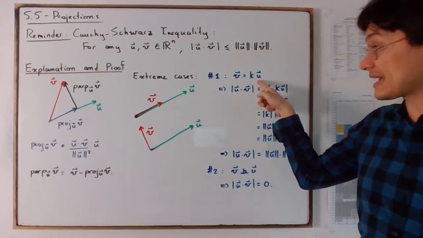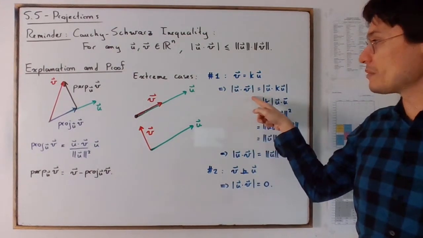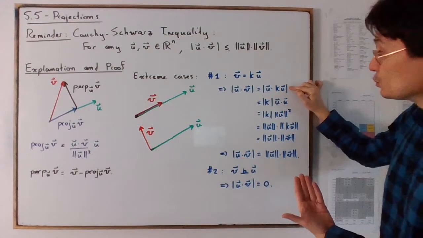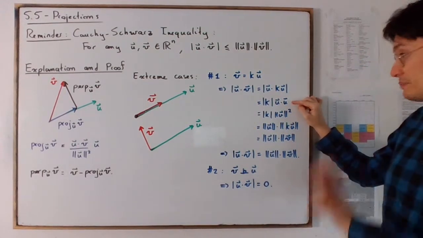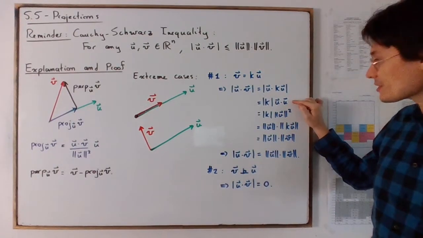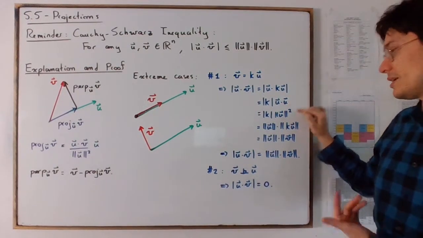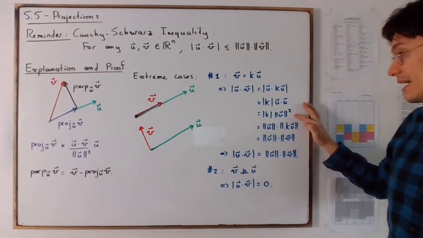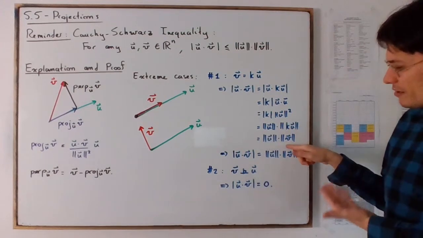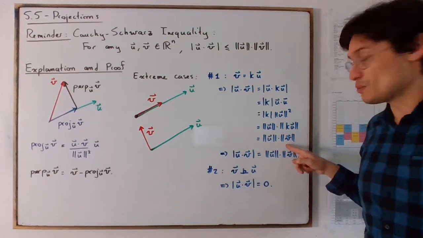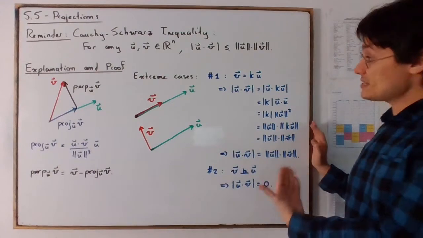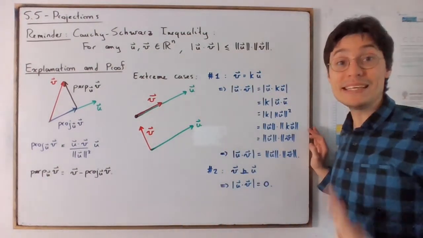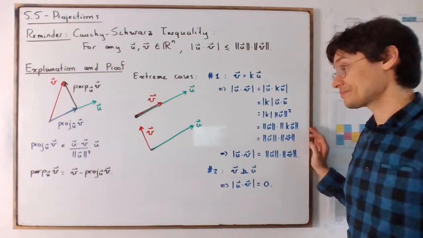If v is a scalar multiple of u, say v equals k u, then in the absolute value of u dot v you can pull the k out. The dot product of u with u is the norm of u squared, and then you can move the k inside one of them, and it turns out to be the norm of v. This tells you that when the two vectors are lined up, you actually have an equal sign instead of an inequality.